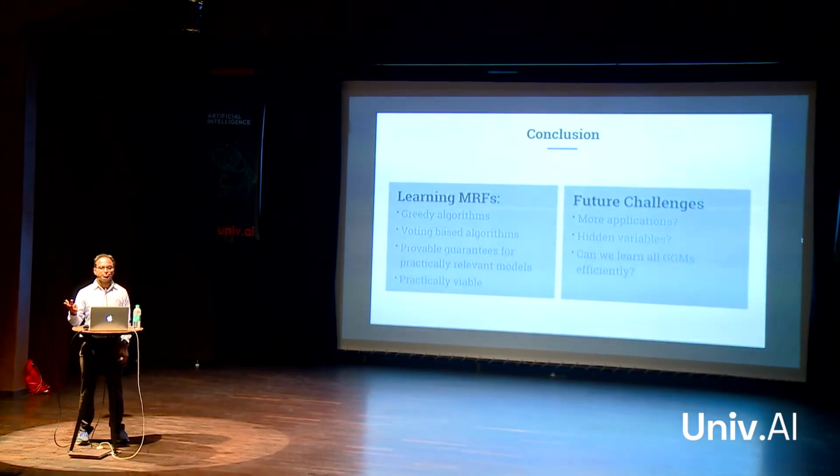And in terms of computational challenges, there are two very important ones which seem very challenging. The first is hidden variables. So far, when I talked about graphical models, I only considered cases where you see all the variables. But maybe the degree of the dependency graph is small only when you have some hidden variables.